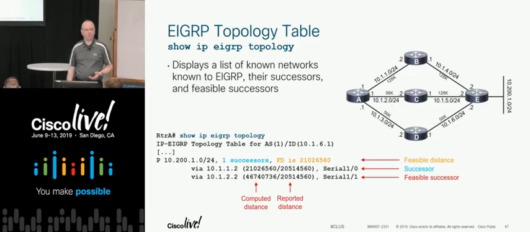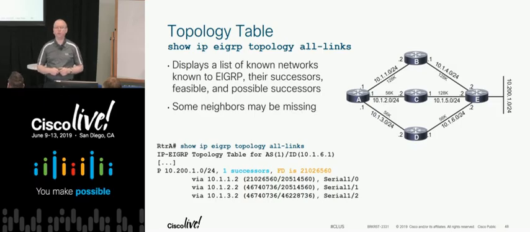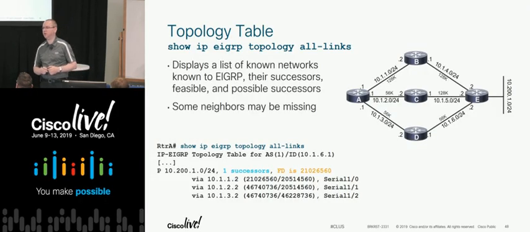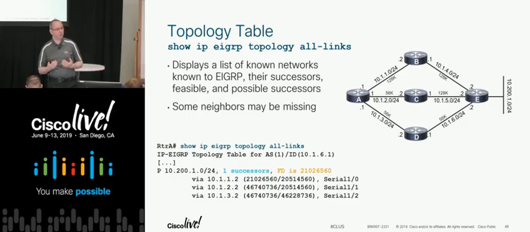You know that we also have the all-links switch. If we use the all-links switch, then we will see all neighbors that told us about the network, including those ones which are just possible successors. Again, I remind you, keep in mind that we are running split horizon. So I won't see a route being advertised from somebody who uses me as his next hop.